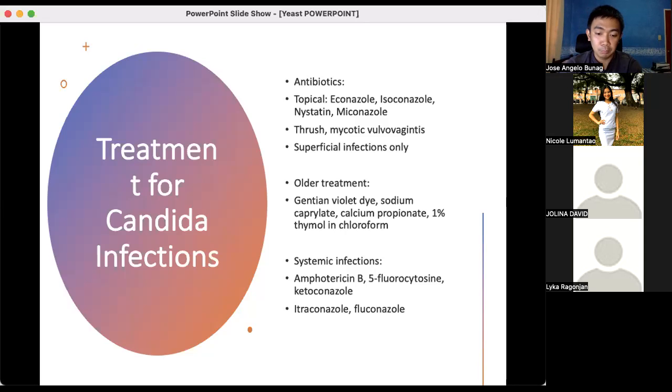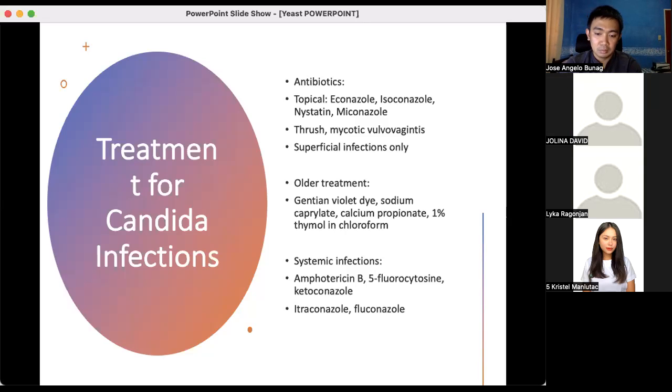We also have your duplex PCR, and we also have your restriction fragment length polymorphism, or tinatawag natin na RFLP.